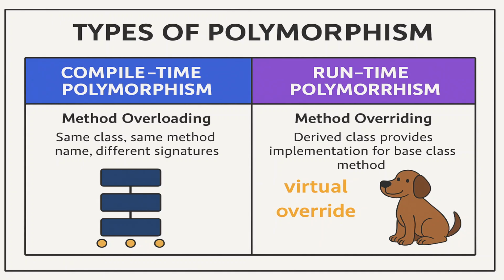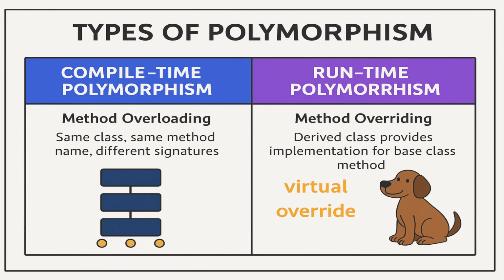How to resolve it. Runtime polymorphism is also called dynamic because at compile time, the compiler is not able to resolve which method to call. It normally gets done at runtime. That is why it's called compile time versus runtime.